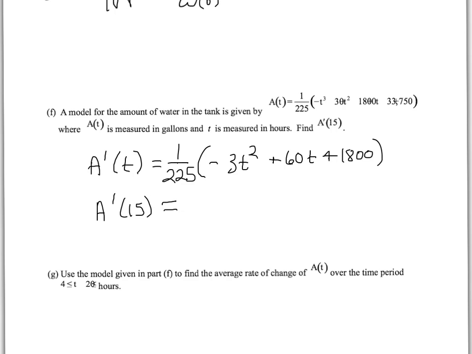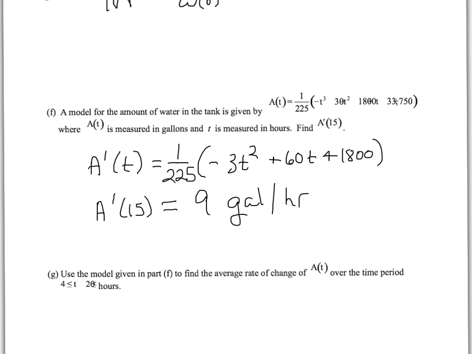So what is A prime of 15? 9 gallons per hour. Do not forget to put your units of measure. That one came out exactly, I believe.